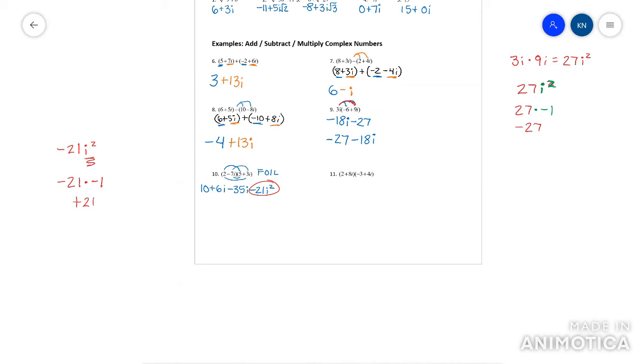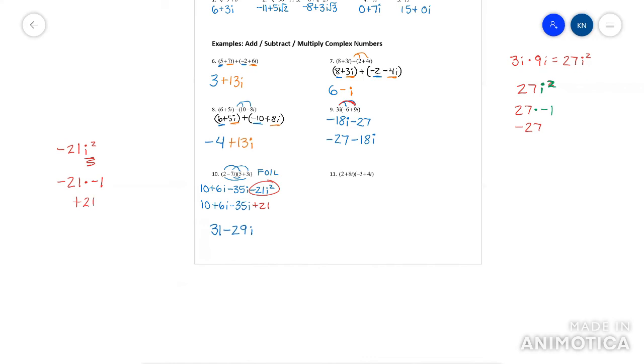So I could rewrite this problem as 10 plus 6i minus 35i, and then this part changed to be plus 21. Now you're going to have to combine like terms. These things with the i's are like terms, and then the numbers are like terms as well. So my answer here, 10 plus 21 is 31. 6i minus 35i is minus 29i, like that.